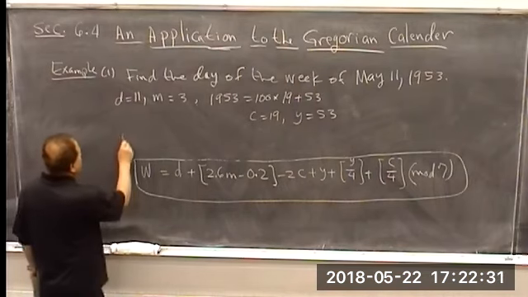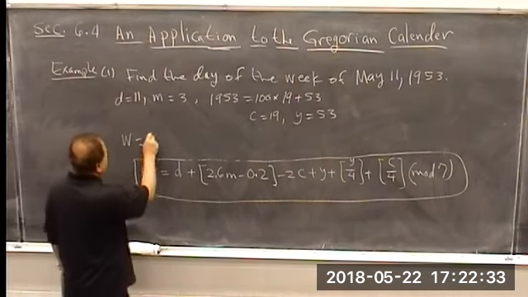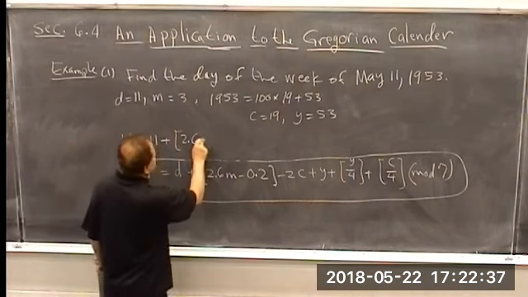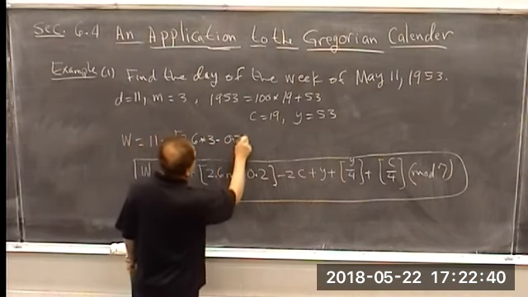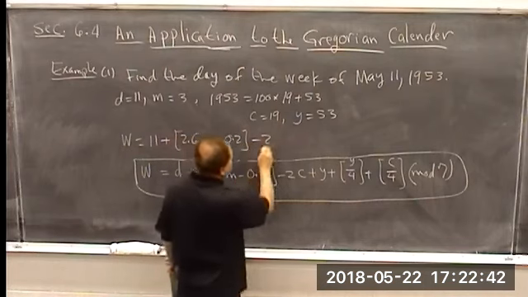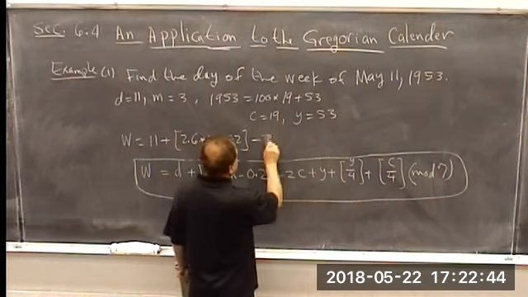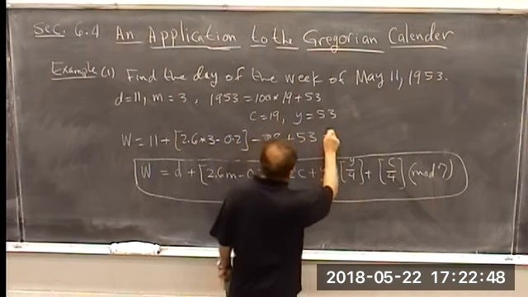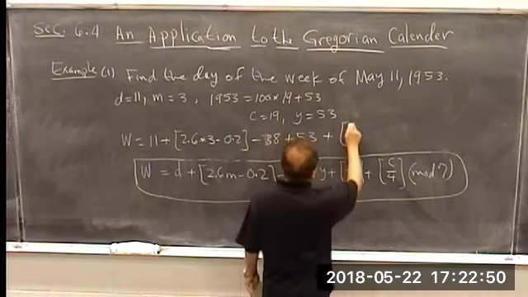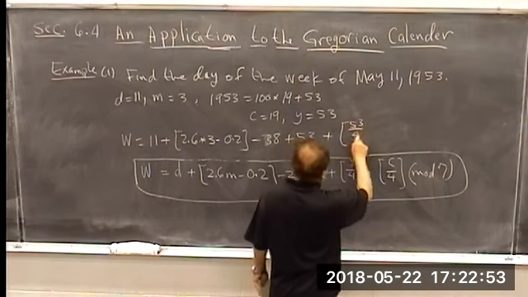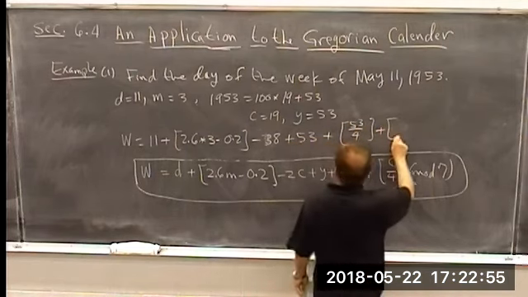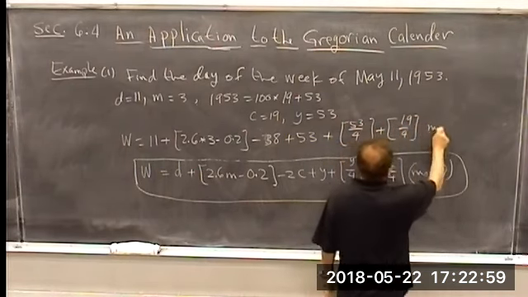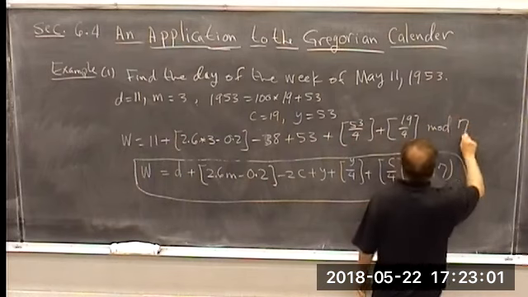All right, so the W is going to be 11 plus 2.6 times 3 minus 0.2 minus 2 times 19, this is 38, plus 53 plus 53 over 4 plus 19 over 4 mod 7.